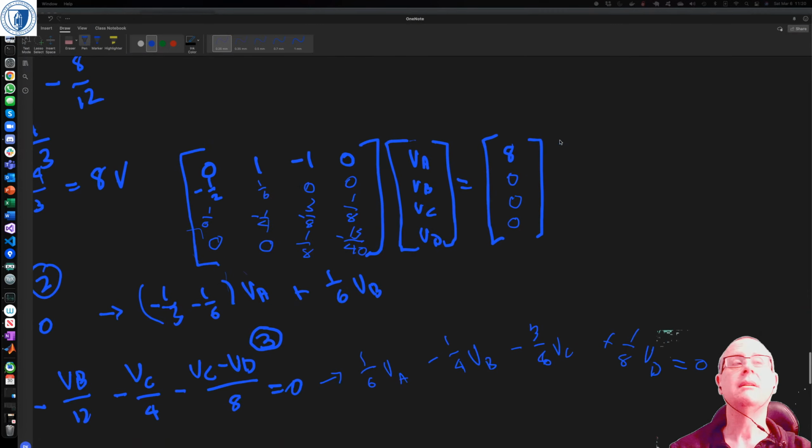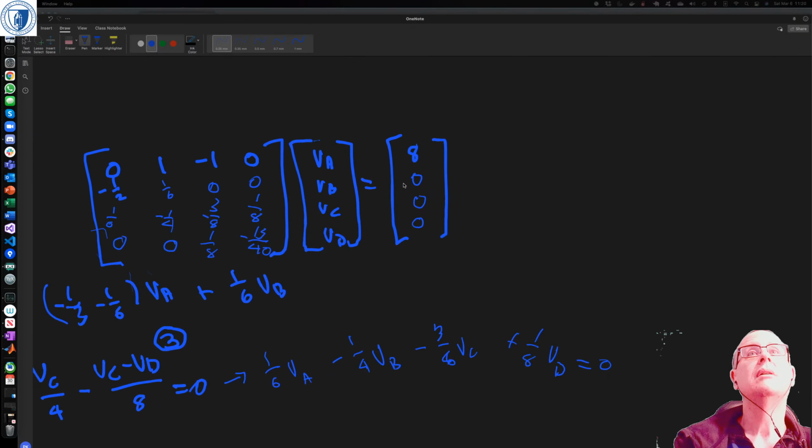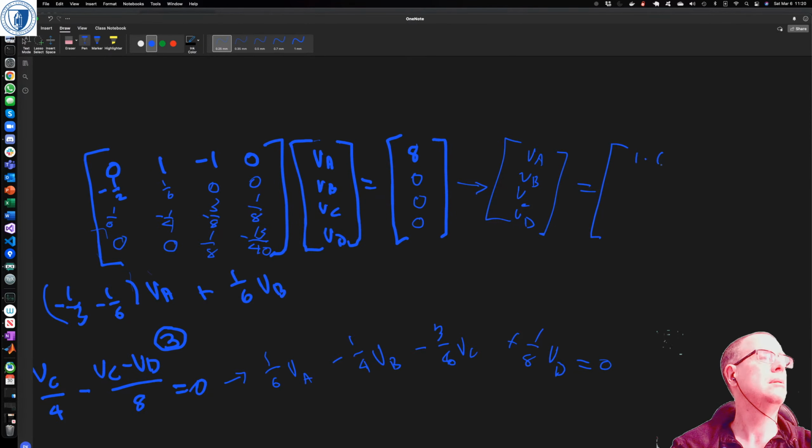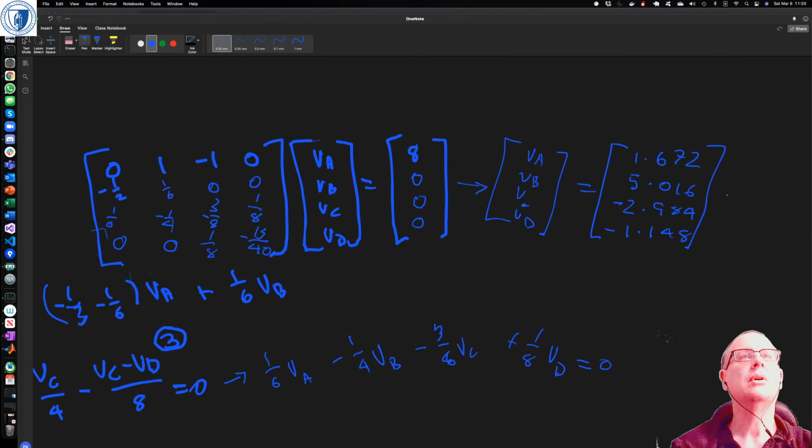So let's just write those out. Okay, so that ends up being 1.672 to 4 significant figures, 5.016 to 4, minus 2.984 to 4, and minus 1.148 to 4, and they're all in volts.